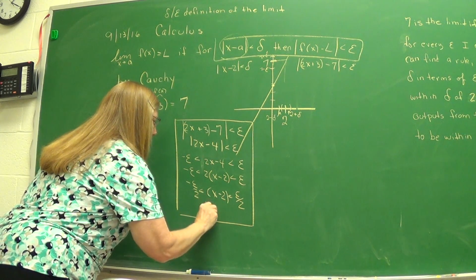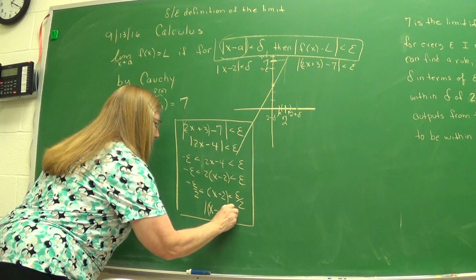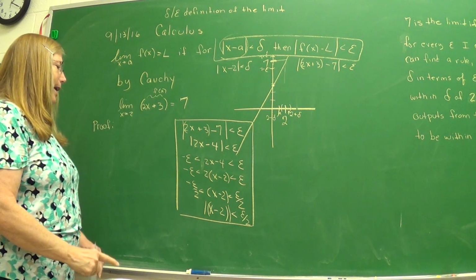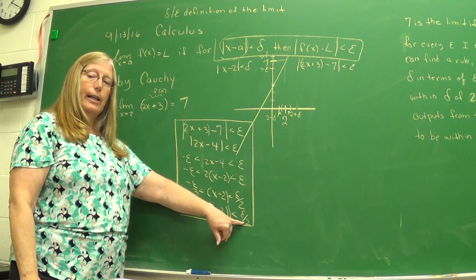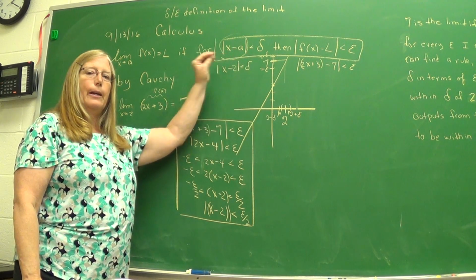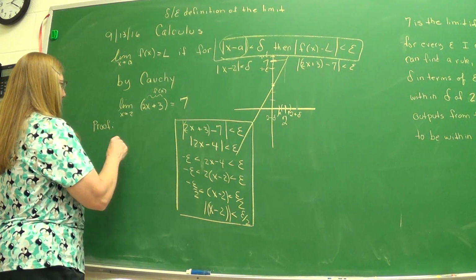I can rewrite this back in form with the absolute value. Like that. So I have found a delta that works. If I give you any epsilon and you divide it in half, you will always get where you want to be within the limit. So let's do the proof straightforwardly.